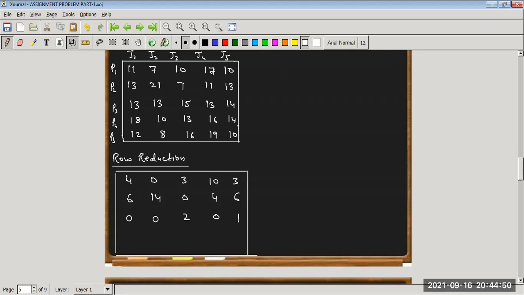In the fourth row, 10 is the minimum, so 8 0 3 6 4. In the fifth row, 8 is the minimum, so 4 0 8 11 2. Now come to column reduction.